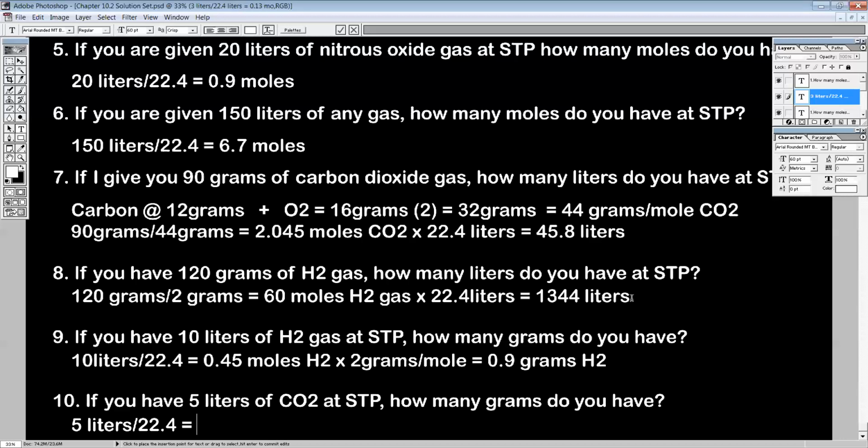Yeah, I do like my math on this. 0.22 moles. And then finally, if we look back up here, carbon dioxide is 44 grams per mole, times 0.22 moles. And that's going to give us a grand total of 9.7 grams of carbon dioxide.